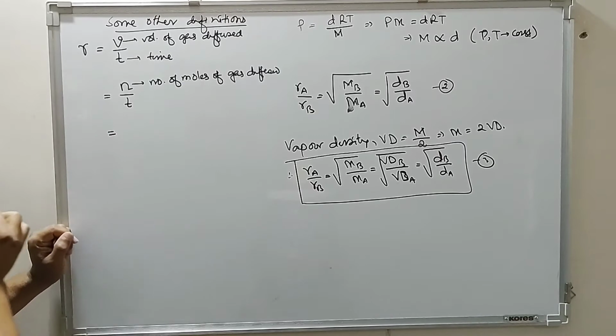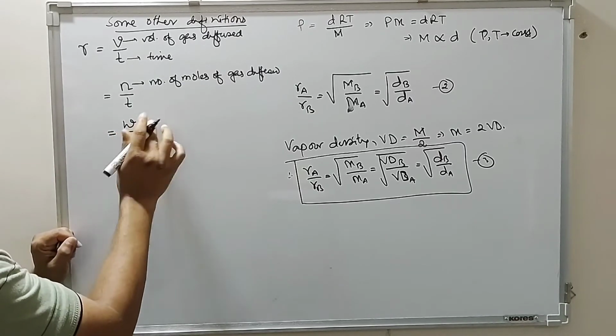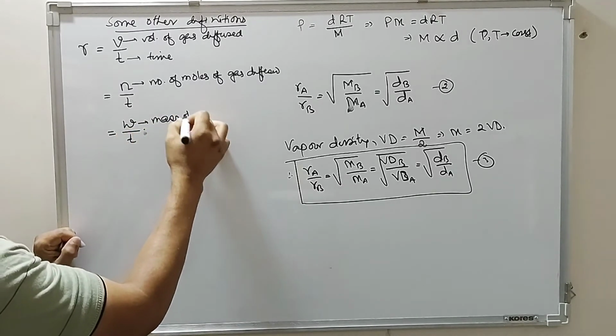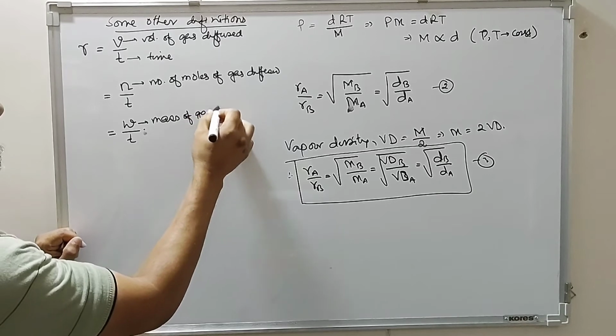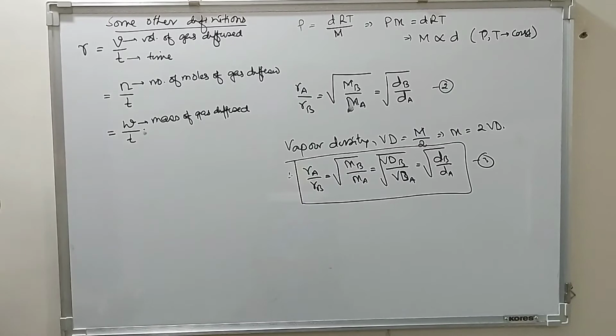This can also be defined as w by t, where w is the mass of gas diffused per unit time.